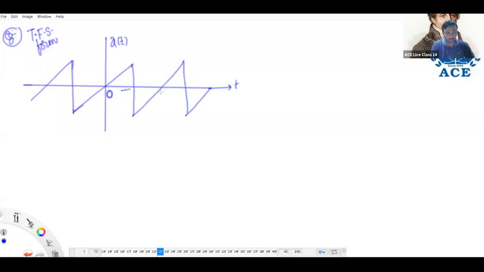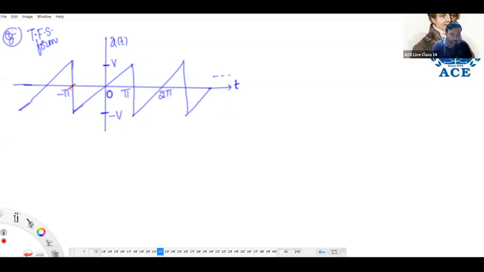If a signal graph is given like this, how do we get the trigonometric Fourier series form? First, we have to check its fundamental period as well as the symmetry of the waveform.